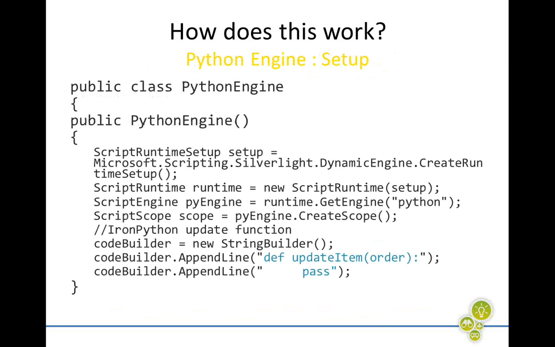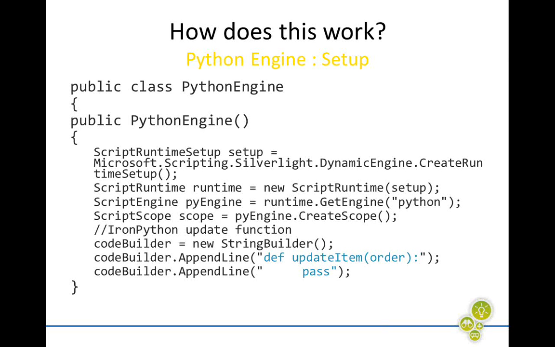So the Python engine has a string builder member variable, and it basically initializes that variable. If you look at the bottom, there is a no-op Python function. There's a def update item, and within the def, there's just one line which says pass.